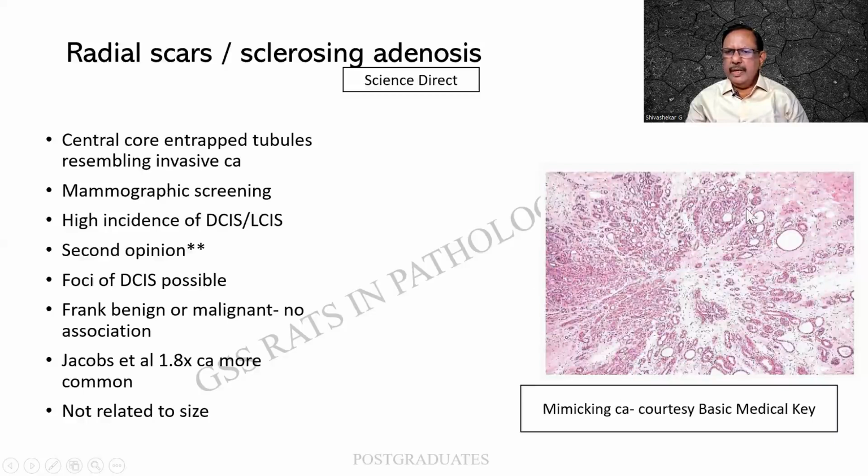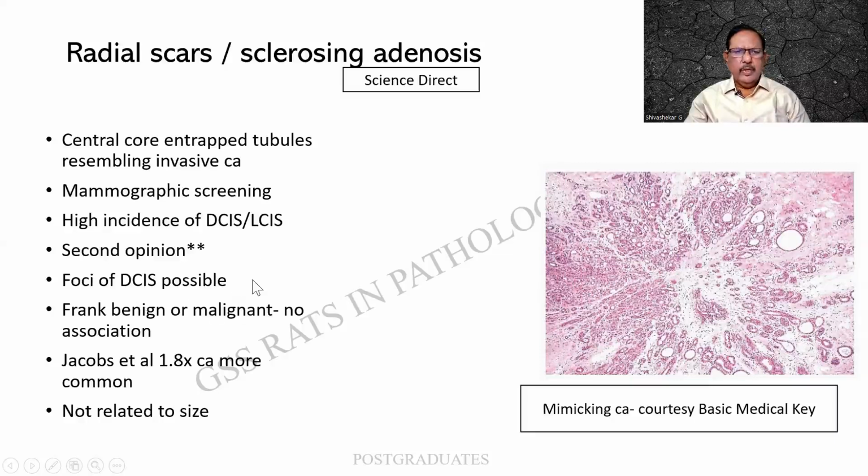But it is all a radial arrangement, as you people might see in a case of a peptic ulcer. So there is a central core of entrapped tubules resembling invasive carcinoma. Sometimes it can be difficult for us to make a diagnosis. There can be a higher incidence of DCIS and LCIS. A second opinion will always make a difference.